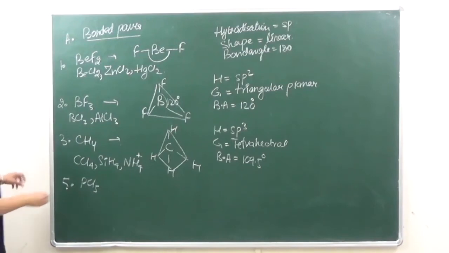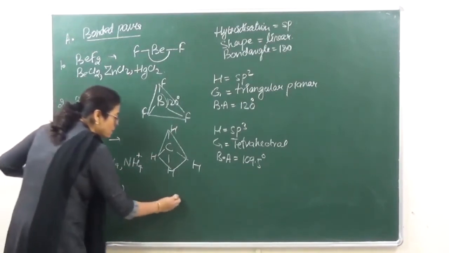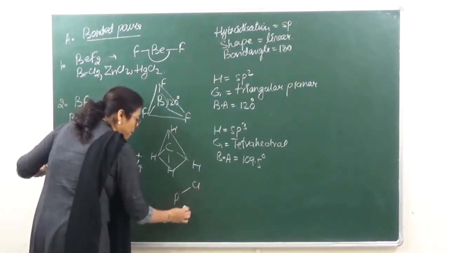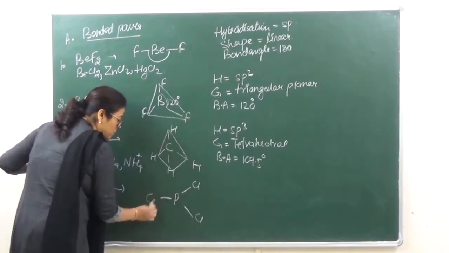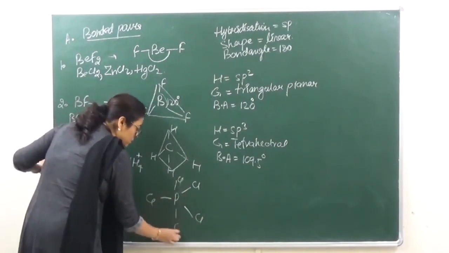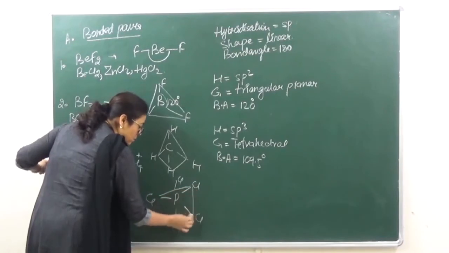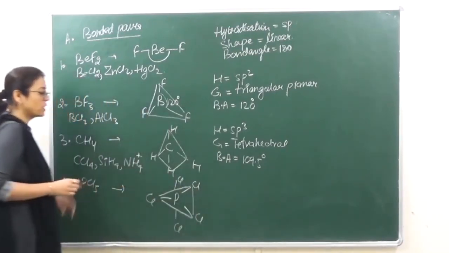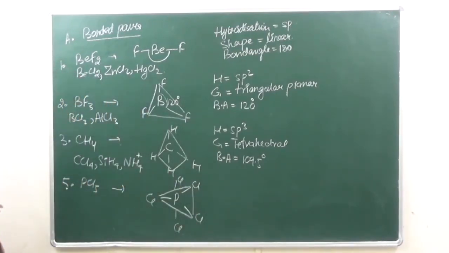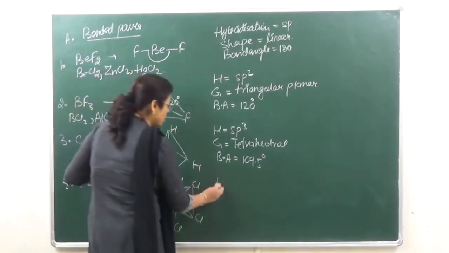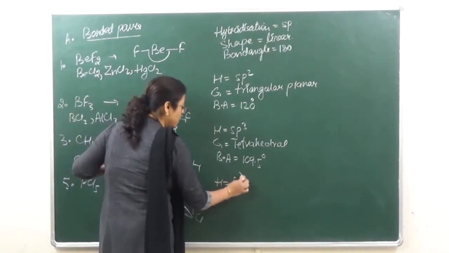PCl5. So PCl5 has this kind of a structure. PCl5 hybridization is sp3d.